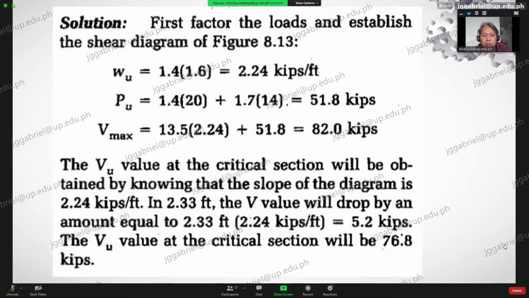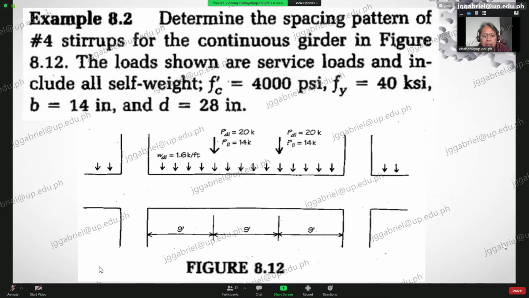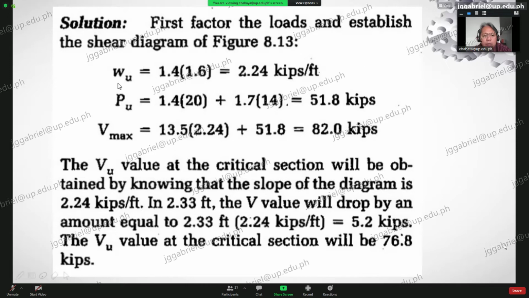Now, if we go back to the figure, so that's 27. So, at mid-span, that's 13.5. That is why the computed WU 2.24 is multiplied by 13.5, because we are just accounting for the support reaction at the left end.